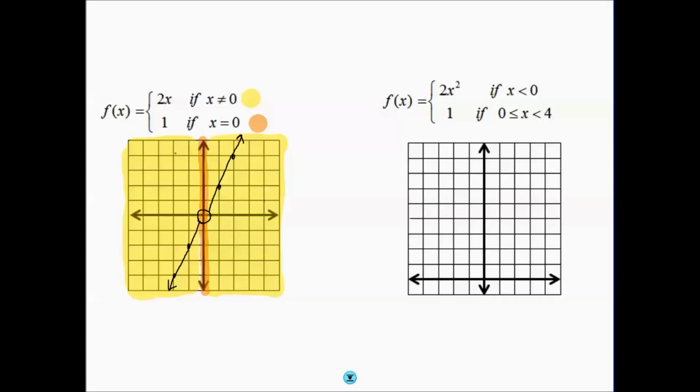Then for the orange equation, if x is 0, then y is 1, so again, that's a point on the y-axis.